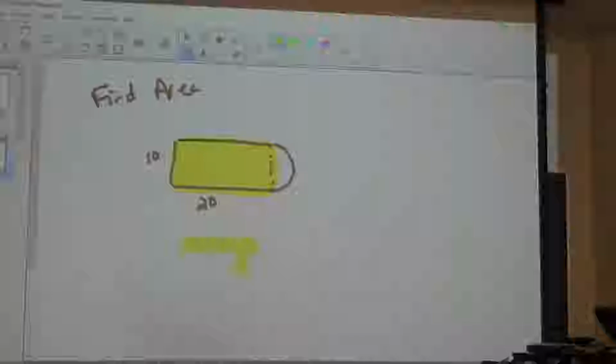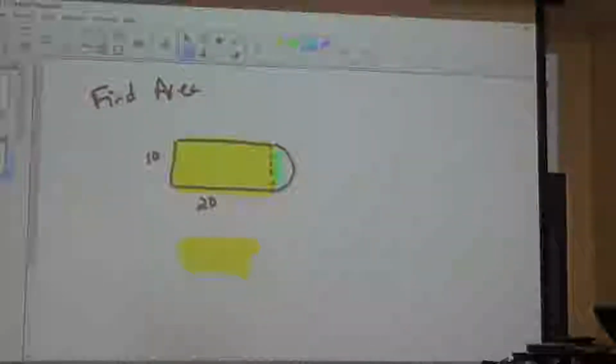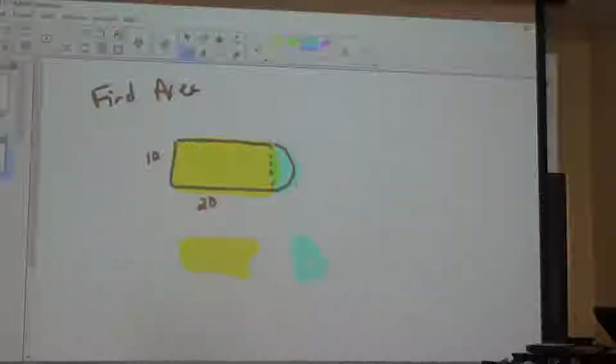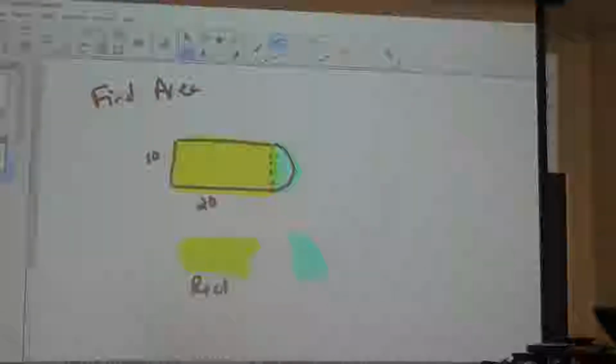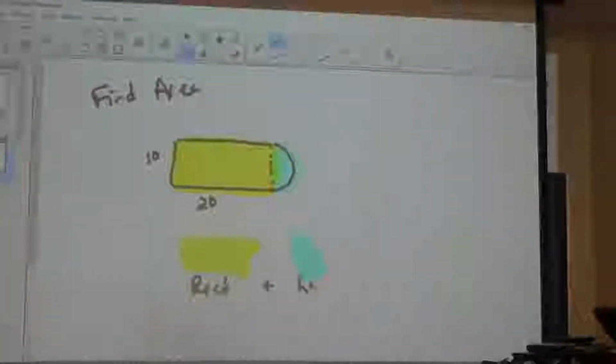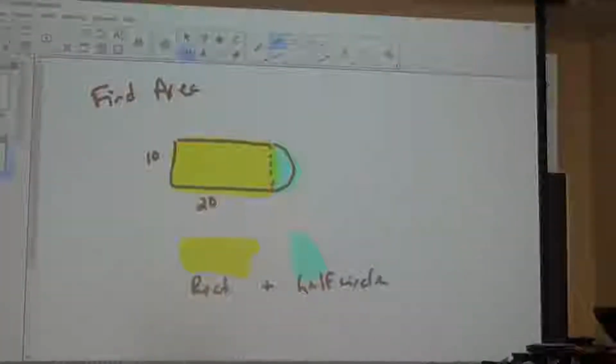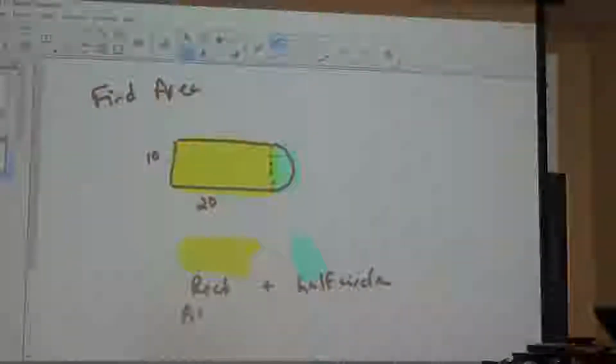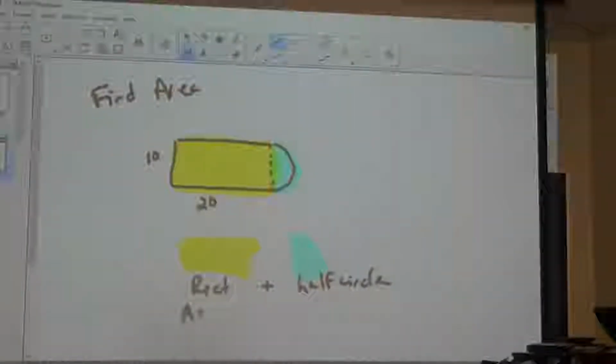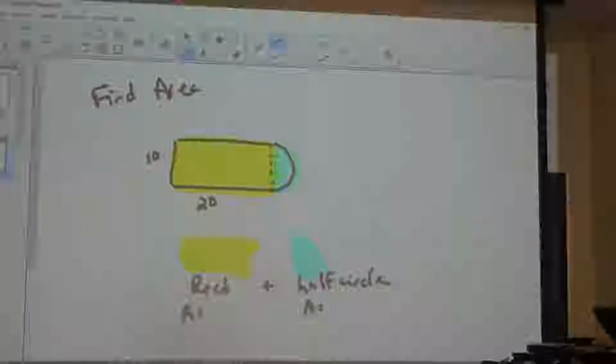So here's my rectangle, and here is my half a circle. Now, the formula for the area of a rectangle is what? We got to do the area for both of these. Length times width. And the formula for area of a circle is pi r squared.